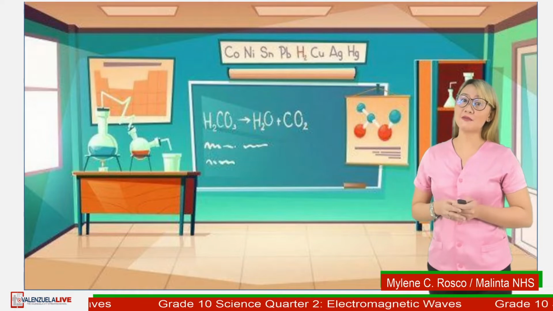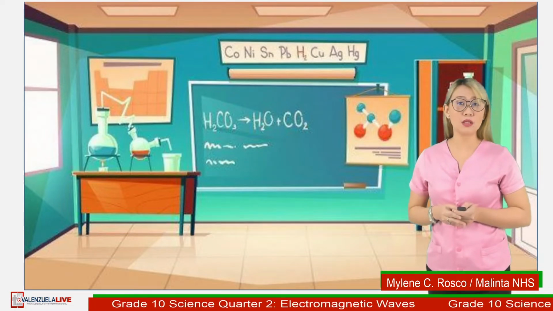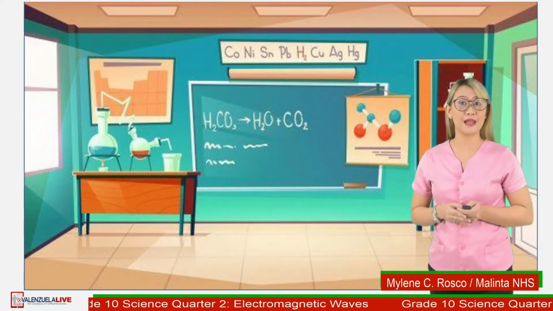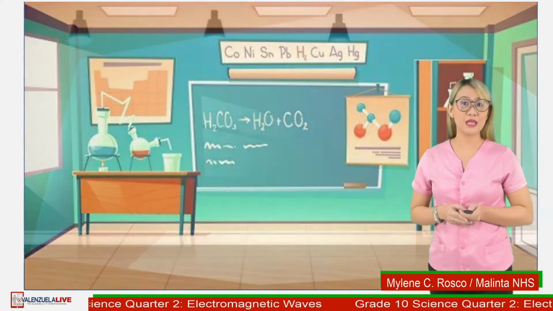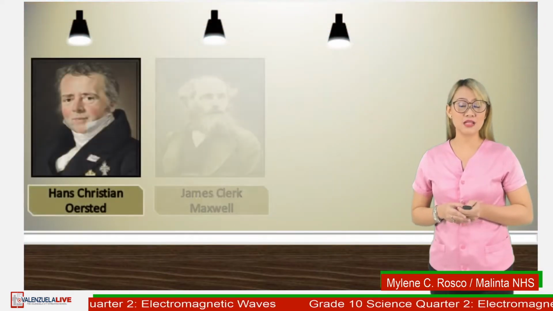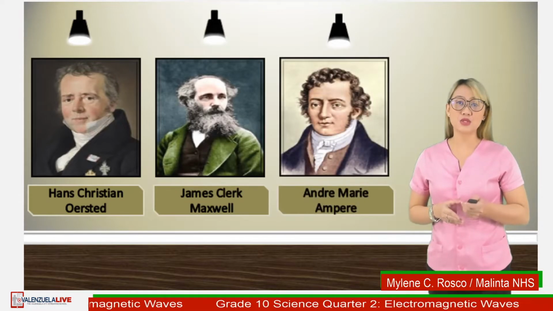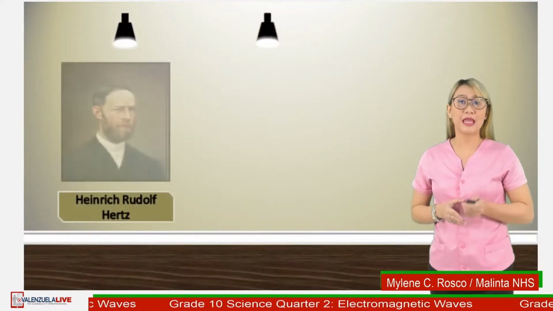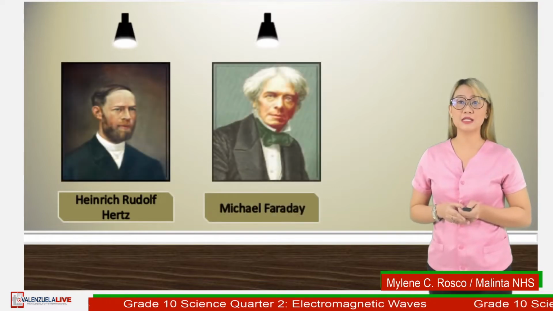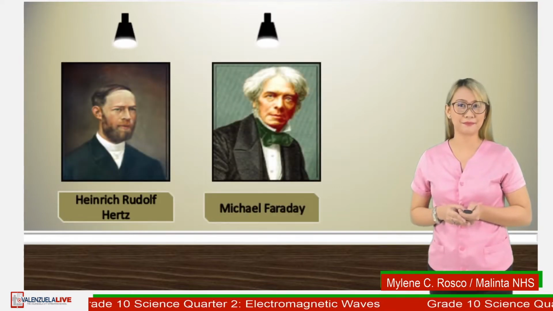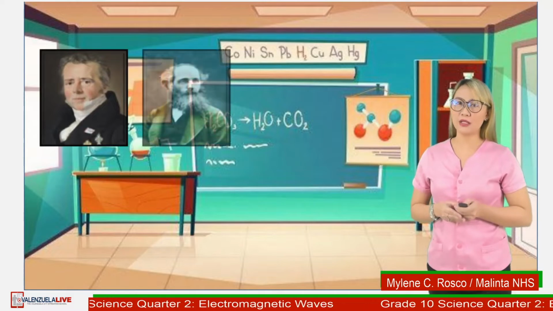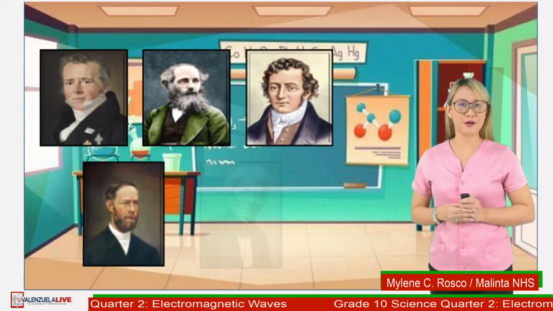There are 5 significant scientists who contributed to the development of electromagnetic theory. They are Hans Christian Ørsted, James Clerk Maxwell, André Marie Ampere, Heinrich Rudolf Hertz, and Michael Faraday. At this point, I will give you your first mission.